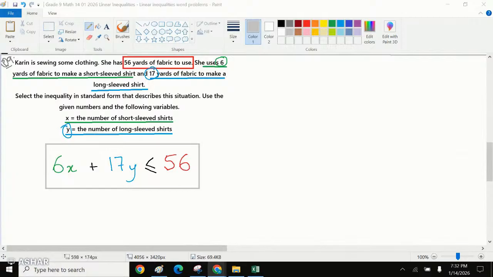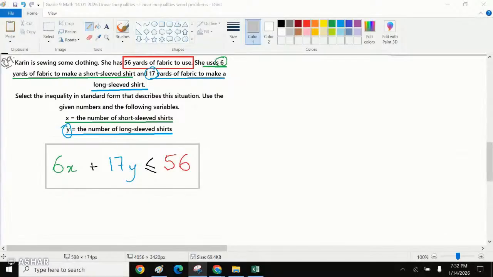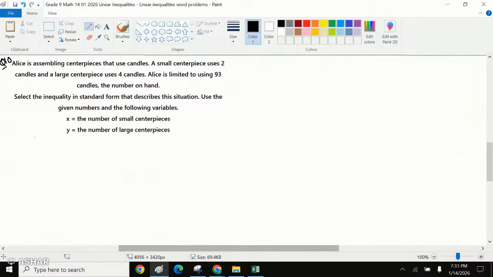Okay, let's try one more. Let's look at another question and see what they're asking us. Okay, candles. Alice is assembling centerpieces that use candles. We are talking about candles in question number 10. It says, Alice is assembling centerpieces that use candles.